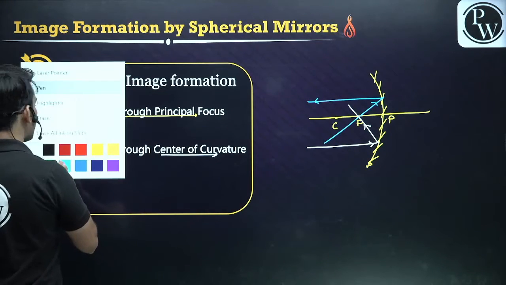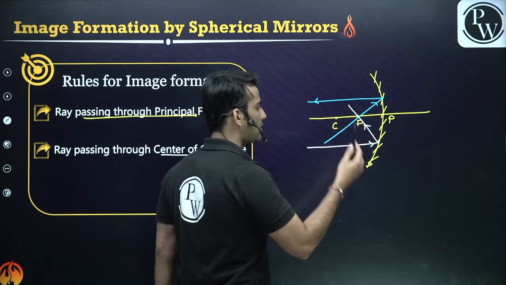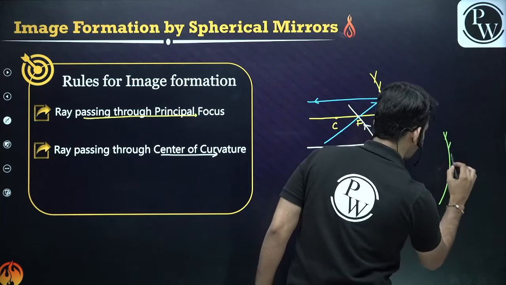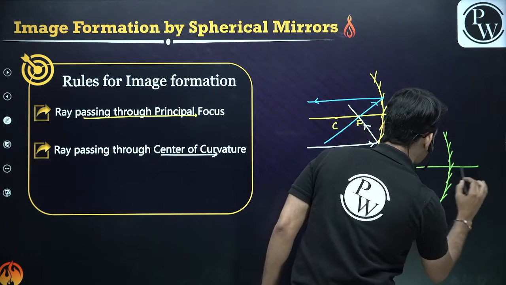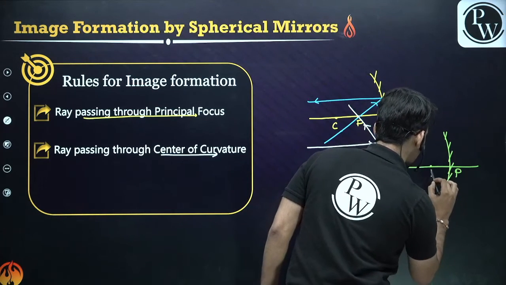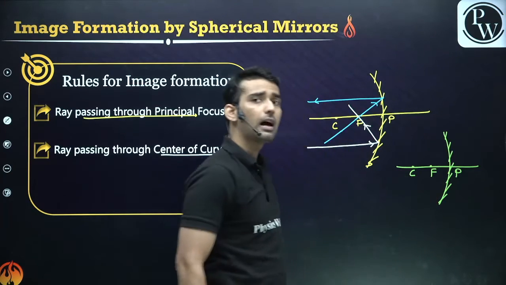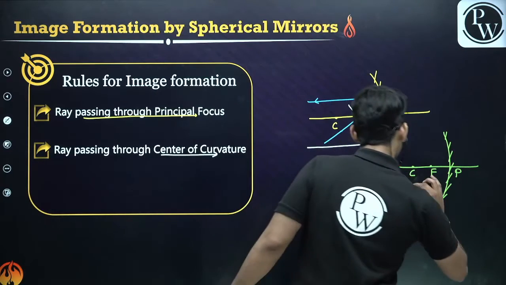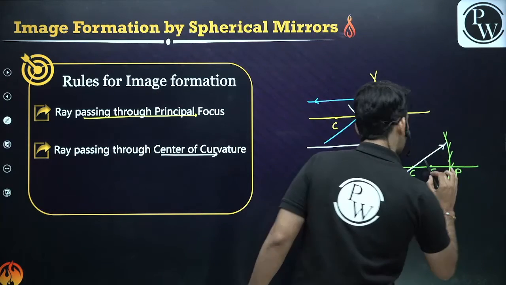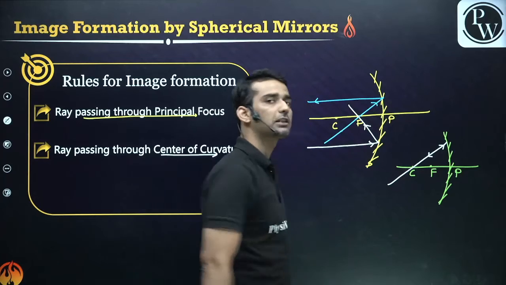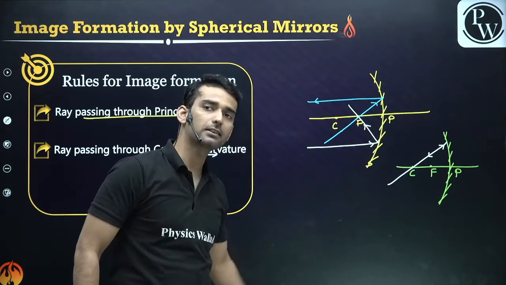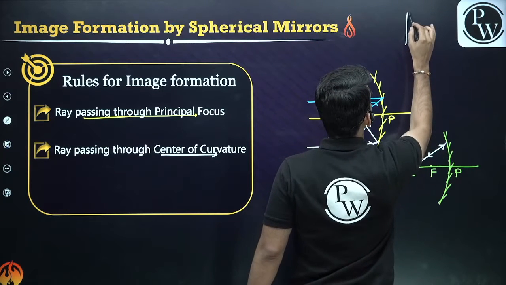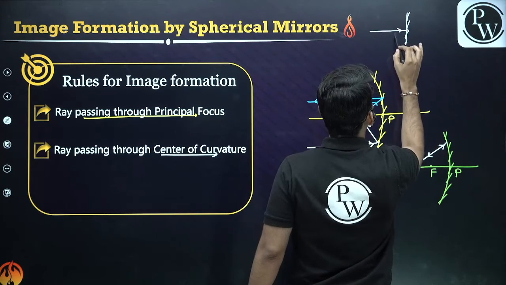Okay. Next is the ray passing through the center of curvature. Let me draw a different diagram for this. This is our pole, this is the focus, this is the center of curvature. I will also draw this for the convex mirror, don't worry. If you pass any ray through the center of curvature, it will retrace its path. Why? Can you recall the plane mirror case? Any ray normal to the mirror retraces its path.